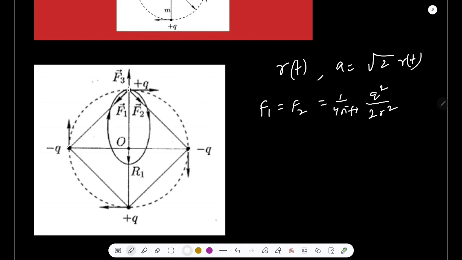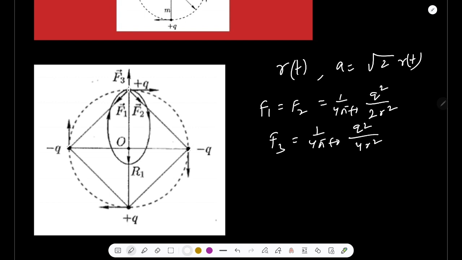In the similar manner, F3 can be given by 1 upon 4 pi epsilon naught, q square, divided by the distance between them, which is 2r, so you should write here 4r square.